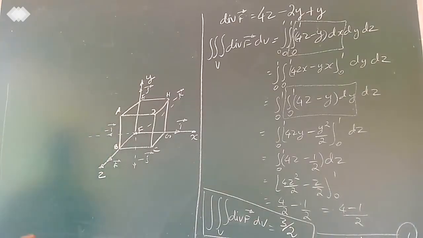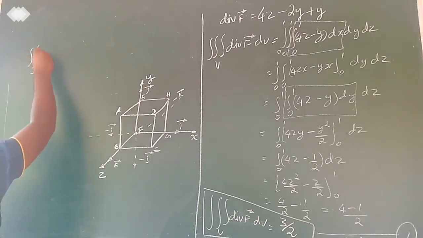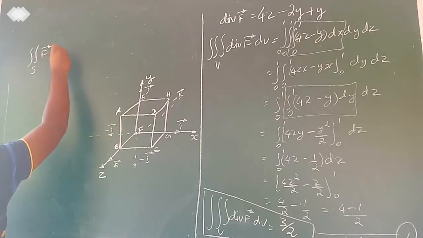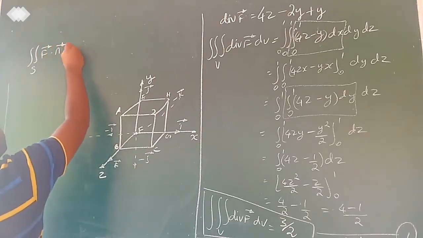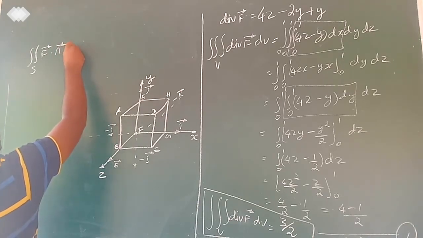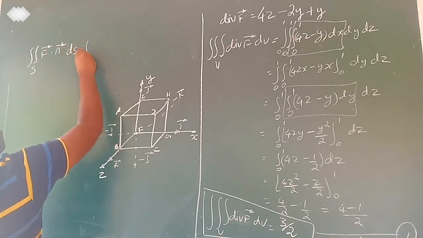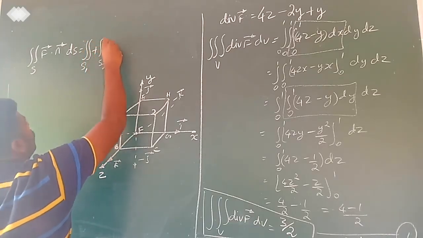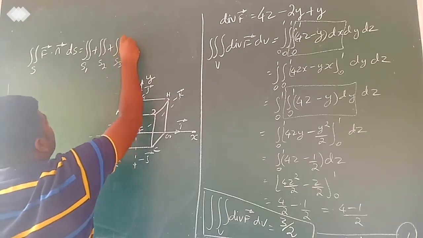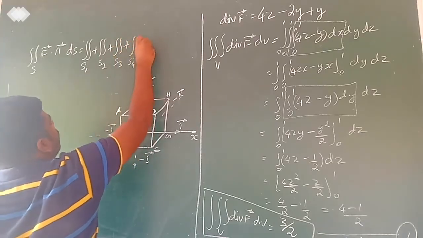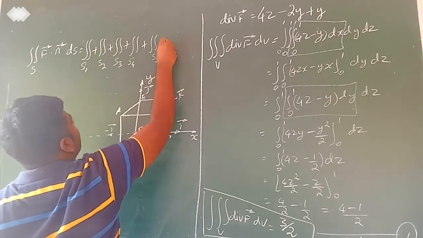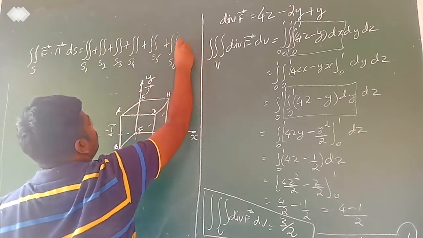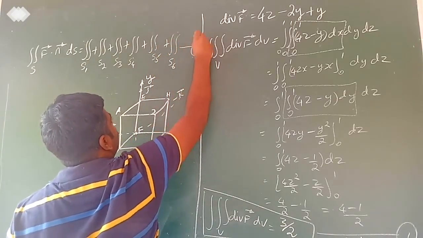So here next one, double integral of s f vector dot n vector ds equal to double integral of s1 plus double integral of s2 plus double integral of s3 plus double integral of s4 plus double integral of s5 plus double integral of s6. So this one will become equation number 2.